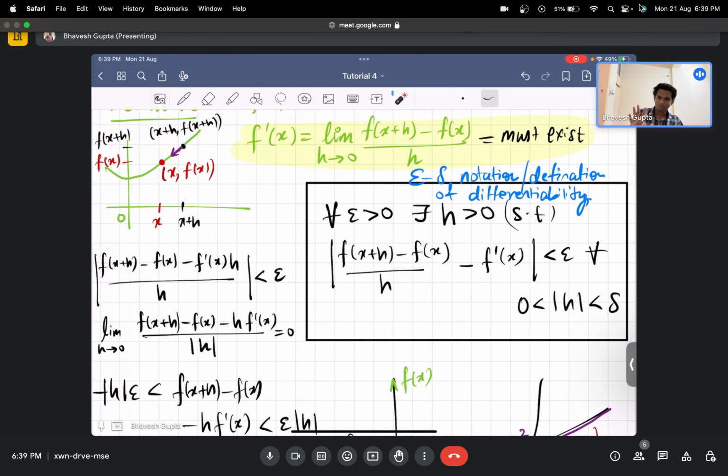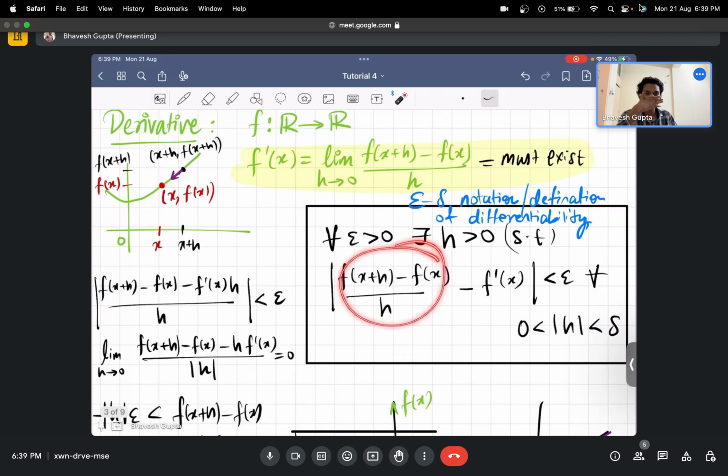This is what I call a tolerance limit, or something called a confidence, such that if I try to calculate the limit, this limit value will be close to this value, right? And that closeness is defined in terms of this epsilon. Hopefully everybody got the idea of what this definition is trying to tell you. But the catch is, your input, your width should be bounded as well, according to this idea.